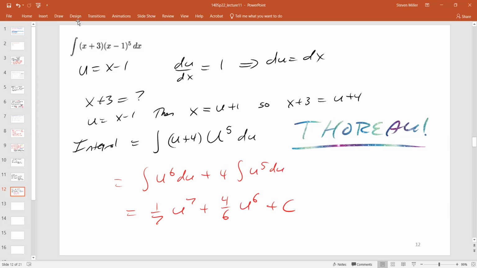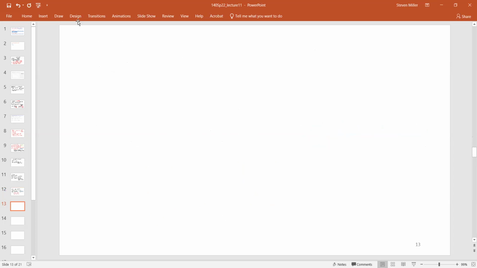Very, very briefly, there is another way to do this. It's mostly the same. If I start off with this as my integral, I could write x plus 3 as x minus 1 plus 4. And if this is a little confusing, don't worry.